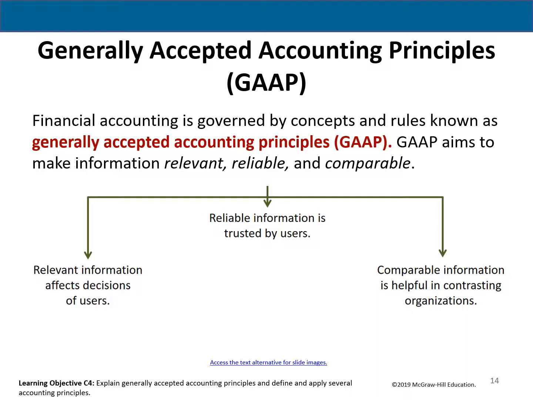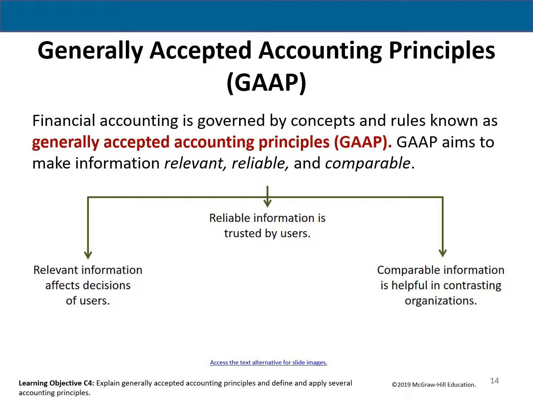generally accepted accounting principles. And I like to look at GAAP as a big umbrella, like a big beach umbrella. You could think of everything under the umbrella as being our accounting rules. So financial accounting is governed by concepts and rules known as GAAP. GAAP is the name of the umbrella that all the rules and concepts fall under.